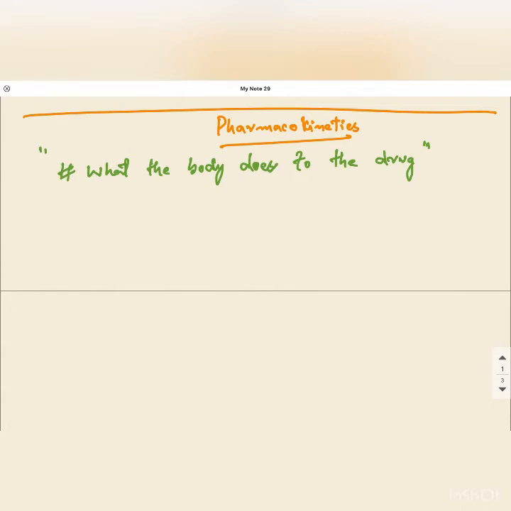So this refers to the movement of the drug in, and the alteration of the drug by the body, which includes, number one, what we read as KADME. So what does KADME basically mean? K stands for kinetics, A stands for absorption of the drug: where does the drug get absorbed, how the body absorbs the drug.